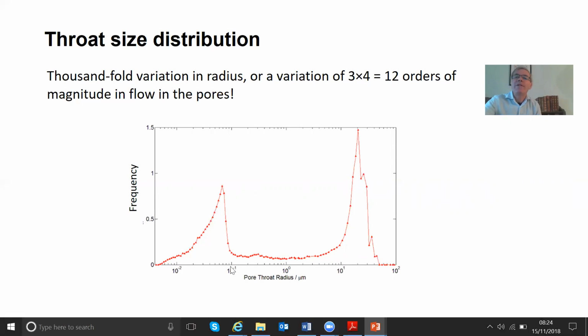And then we have other ones here, this is in microns, this is less than a tenth. So if we look at the difference here, it's 1, 2, 3 orders of magnitude of variation in pore size. Now, if we go back to the Poiseuille law with this fourth power, that's 12 orders of magnitude variation in flow in the pores.